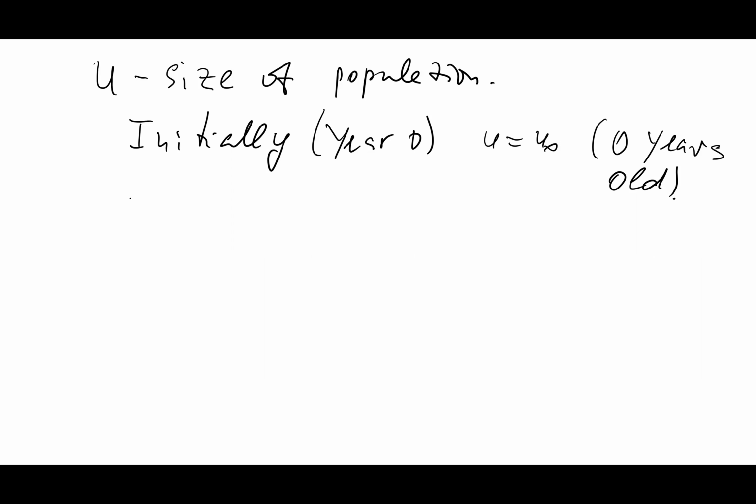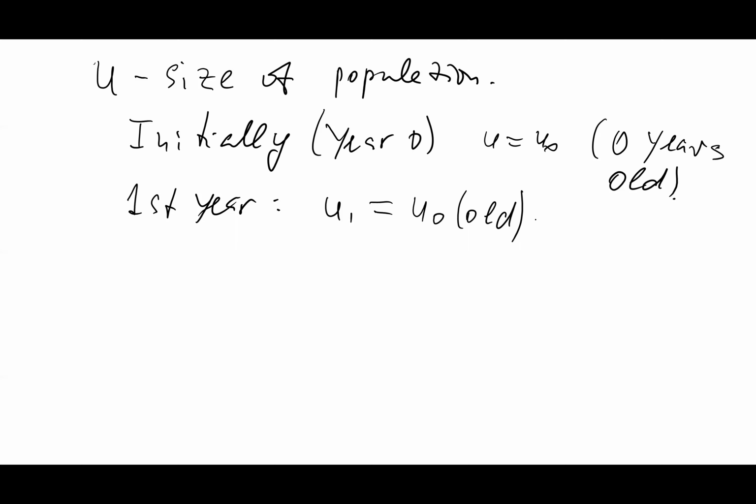Then in the first year, the number of pairs of rabbits is u_1, and this will be equal to u_0, which are now 1 year old. I will just call them old. It is the same as we had in year 0, but each of them gave rise to an extra pair of rabbits.